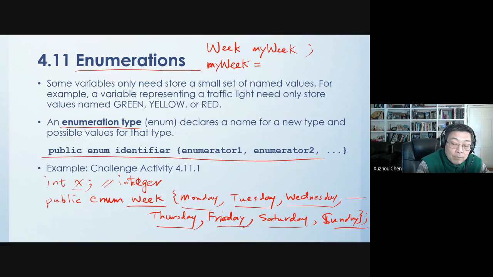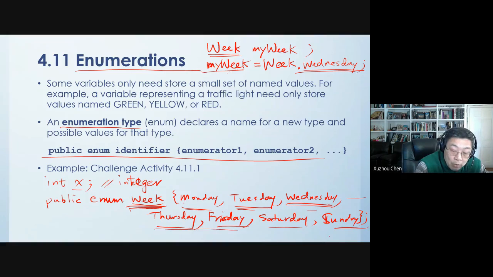But the type is week, so by syntax I have to type week dot and one of these values. I'm going to say Wednesday. So this myWeek is of this week type, and the value of myWeek can be Wednesday, Tuesday, or Monday, only 7 values in all.